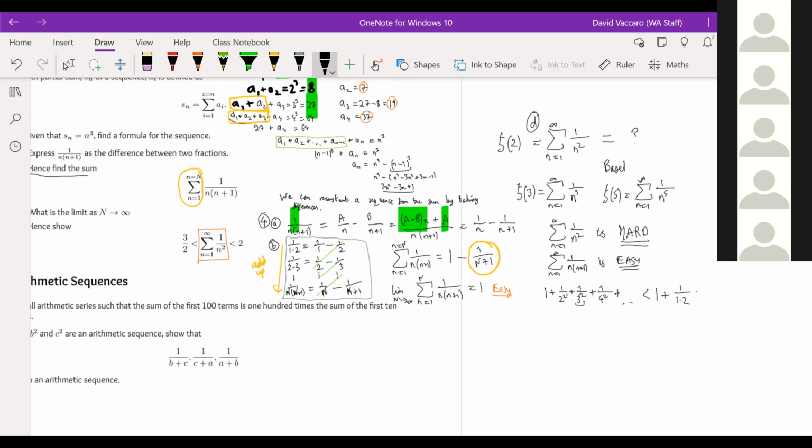When I had 3 squared, which is 9, a smaller denominator would be 2 times 3, which is 6. And then 4 squared, I can make the fraction larger by replacing the 4 squared, which is 16, by 3 times 4, which is 12. And so what do I have here?